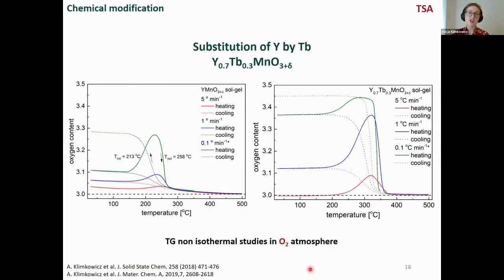And you can see if we introduce 30% of terbium into the material, we can actually obtain a great increase of the capacity. This is actually so far the highest oxidized material, the highest amount of oxygen introduced into this type of structure.